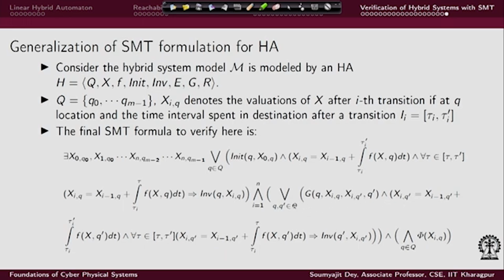Only when a transition is really there will the guard be satisfied, the transition relation be satisfied, and accordingly the update will happen following this formula, and then the invariant will be satisfied. So, the guard has to be satisfied, then in the target state you get your variable updated, and after this update happens, you will need to satisfy the invariant.